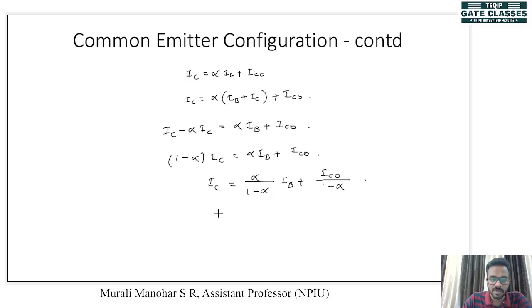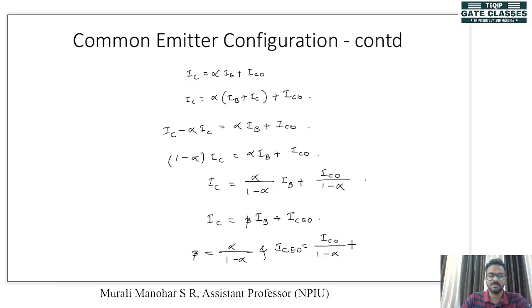So IC will be equal to alpha by 1 minus alpha into IB plus ICO divided by 1 minus alpha. Now this can be written as IC is equal to beta IB plus ICEO, where beta is equal to alpha by 1 minus alpha and ICEO is equal to ICO divided by 1 minus alpha.